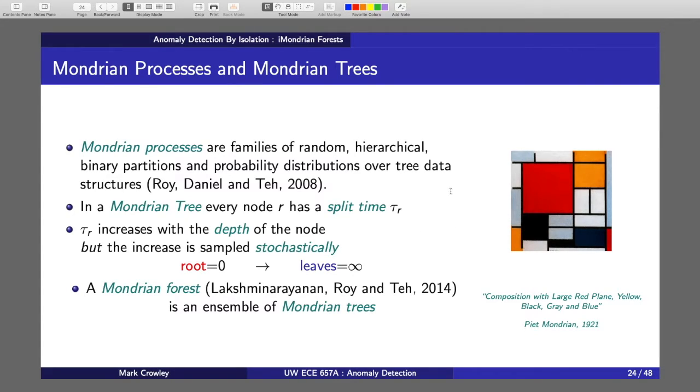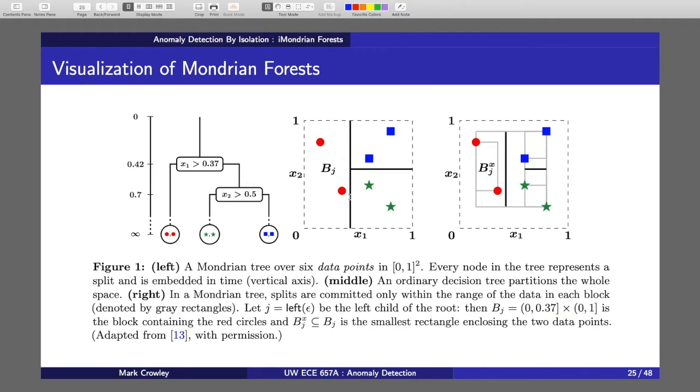So if you recall, we were talking about Mondrian processes. It was kind of doing divisions like this, where you're dividing up the space just like a decision tree, except that in a Mondrian process, if a data point is not seen, then its space isn't really divided up, right? So they do a decision tree where they actually have the min and the max bounds for data points based on what they've seen.